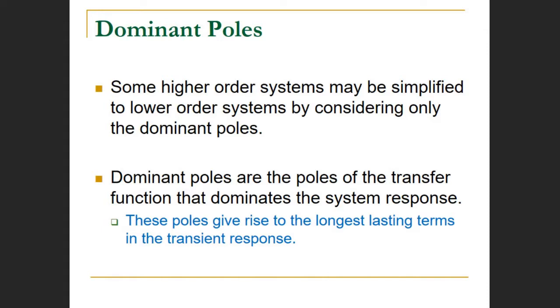We know that the poles are any values of s in a transfer function that will make the transfer function tend to infinity. So here it is now that we're saying that higher order systems may be reduced to a lower order system by considering only the dominant poles.